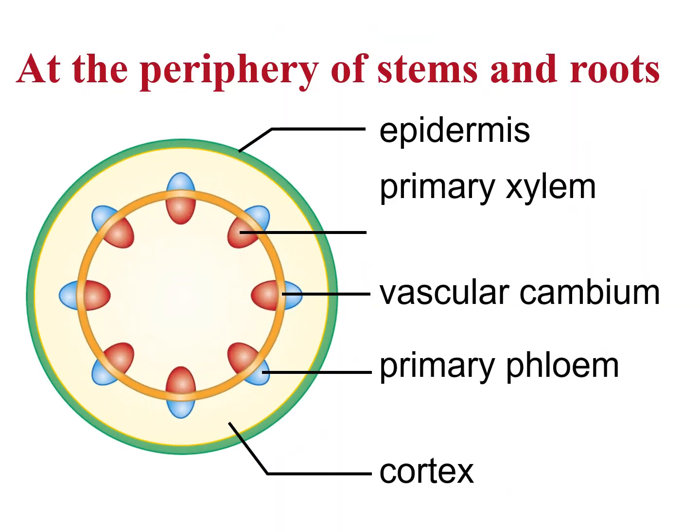As you can see, this is the cross section of a stem. On the very outside, you have the epidermis. And in between the xylem and phloem, you have the vascular cambium, which helps with the secondary growth.